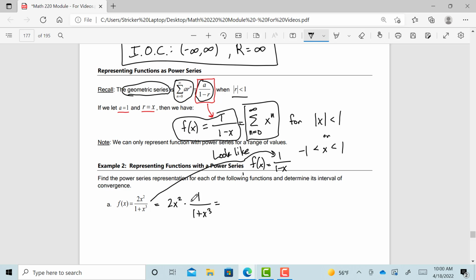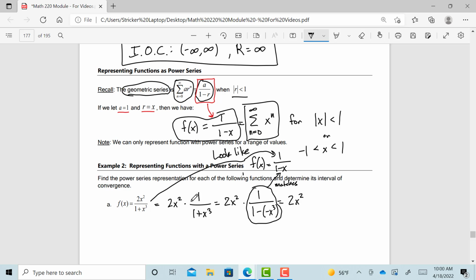So we could also rewrite this. We could say 2x squared times 1 over 1 minus (minus x cubed). And now it looks like exactly what we just talked about. So we still have the 2x squared on the front, but the second part matches here, as long as instead of x, we treat it as negative x cubed.